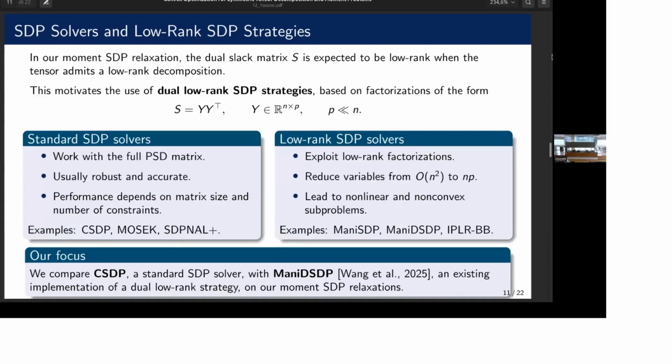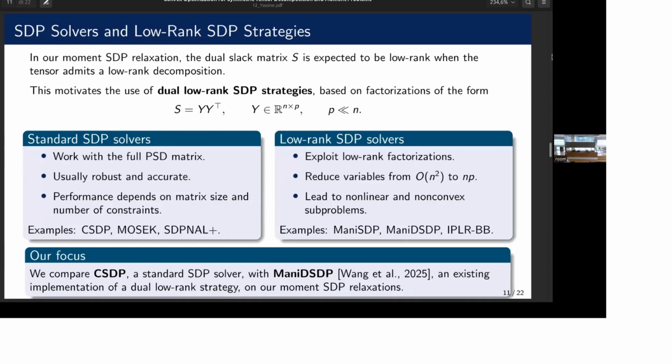As I mentioned before, if our tensor has small rank, then the expected moment matrix also has low rank, and we are going to focus only on the dual SDP methods, where the slack S can be written in low-rank format. Our variable now is Y, where Y has p columns, and of course we expect that p is small compared to n.